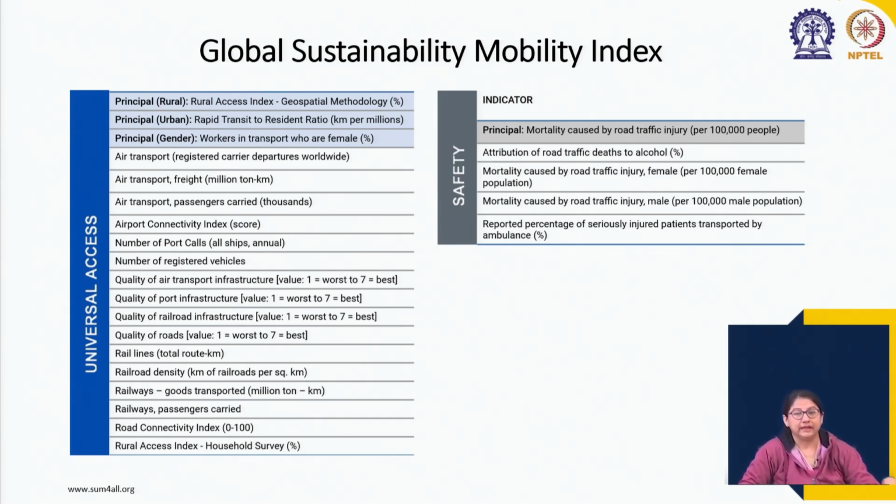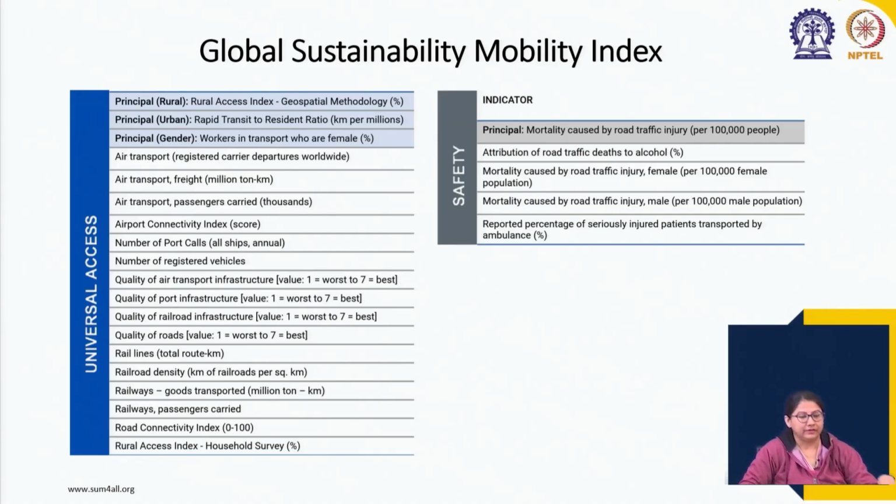We have airport connectivity index, rail connectivity index, the length of overall railway lines, freight which is measured in million tons per kilometer, and the registered carrier departures worldwide with respect to air transport. We also include the port related indicators, which is number of port calls, number of registered vehicles, quality of airport infrastructure and quality of port infrastructure are the other indicators included in here.